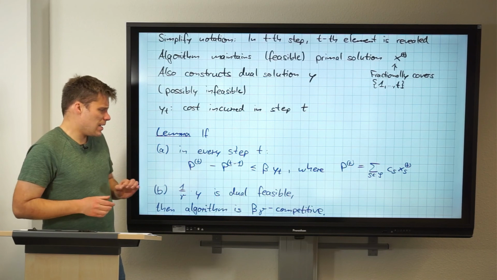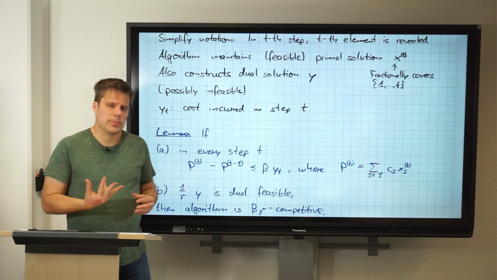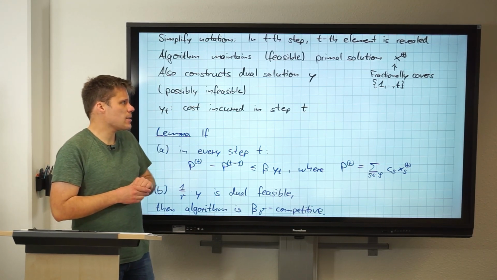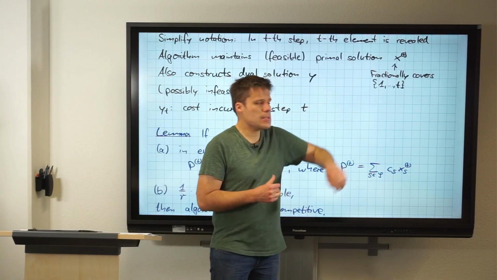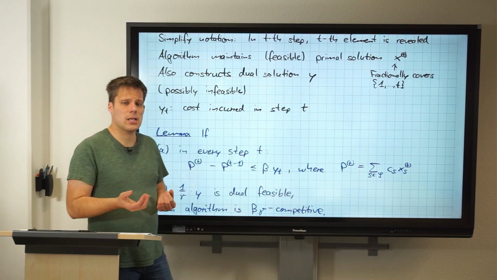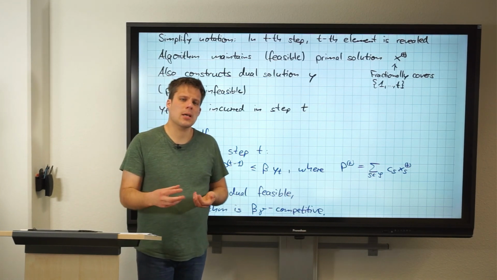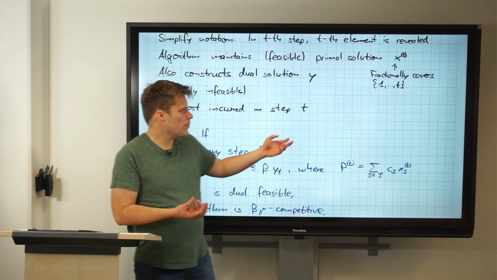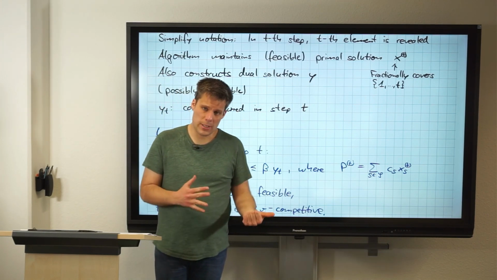Let's once again understand what we're saying here. Our algorithm is maintaining this feasible primal solution, which we call xt. This is what covers everything that was revealed to the algorithm up to time t. Then a new element gets uncovered in time t. So this is xt minus 1, what we had before time t.